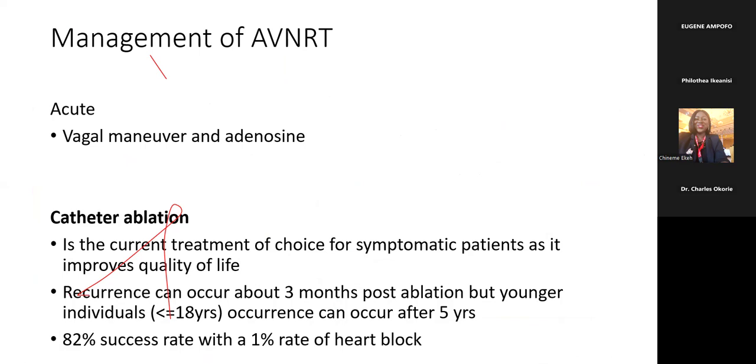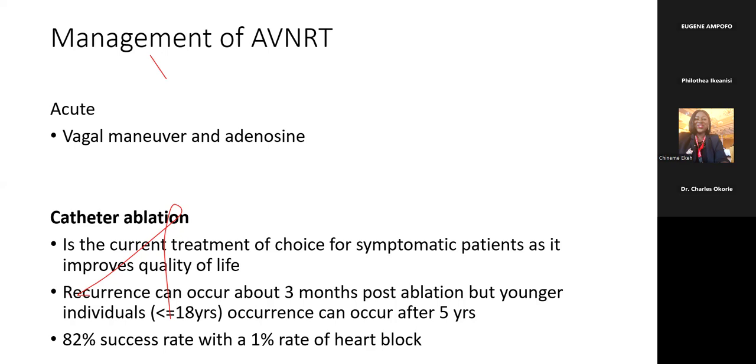So for management of AVNRT, we ask if the patient is out of hospital, that is, not in the hospital setting. If yes, we use vagal maneuvers. If no, and the patient is in the hospital, we also consider the hemodynamic stability of the patient.